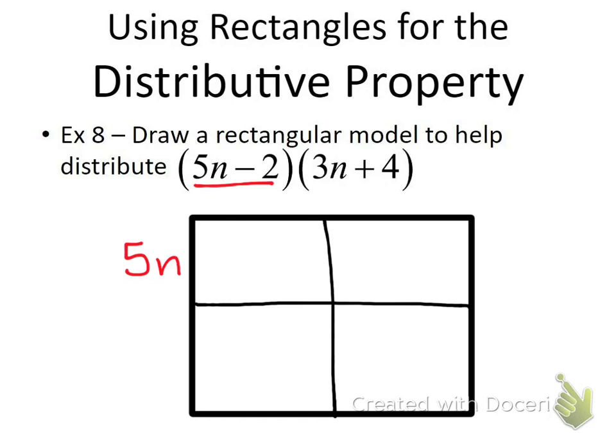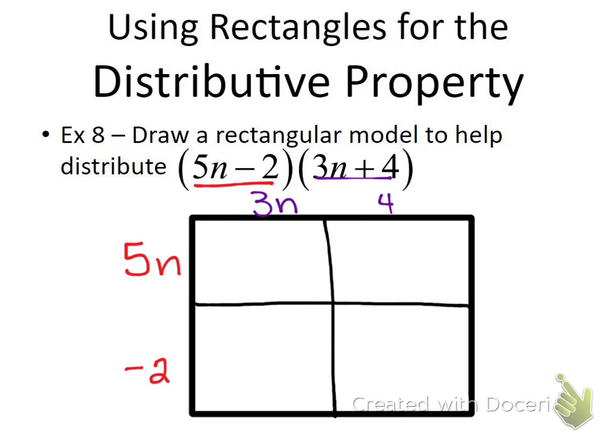What's the height of my second rectangle down here? -2. Okay. What's the length of my first rectangle up here? 3n, and the length of the other one, Maddie? 4.